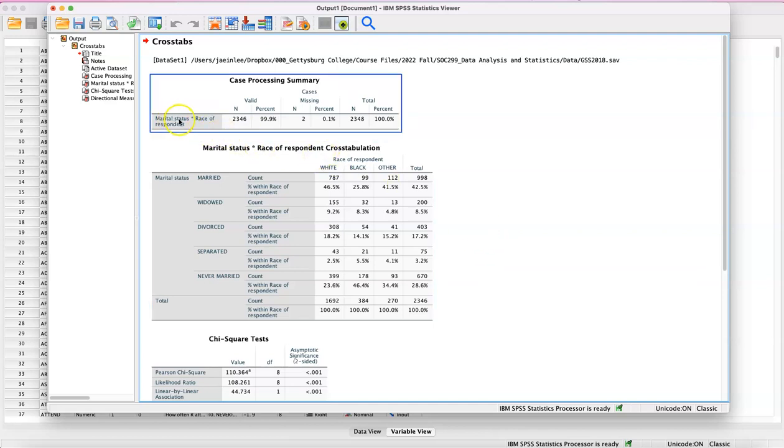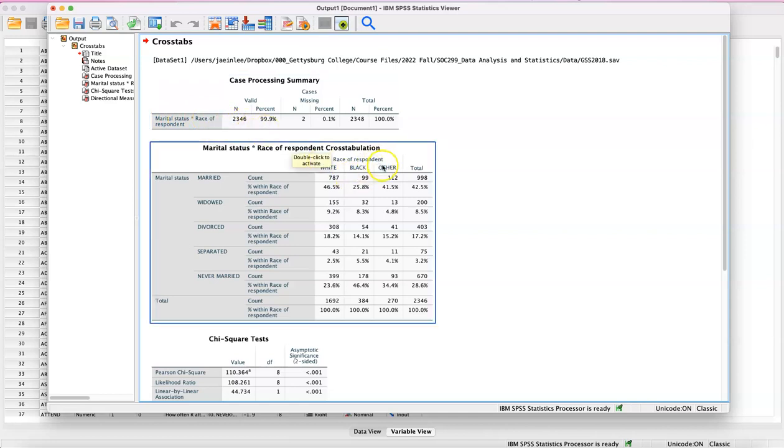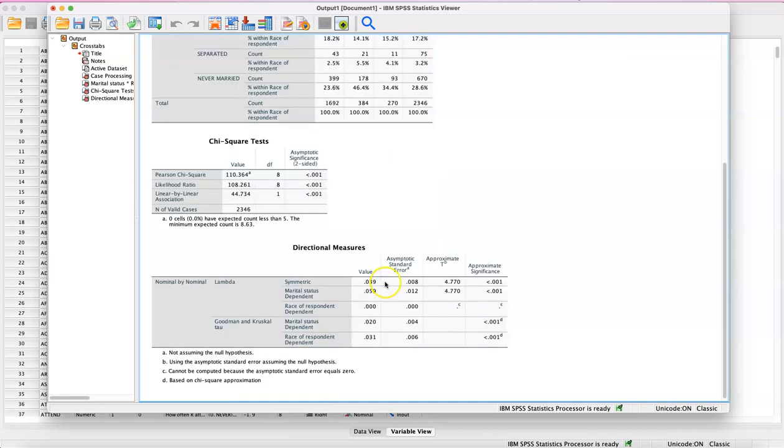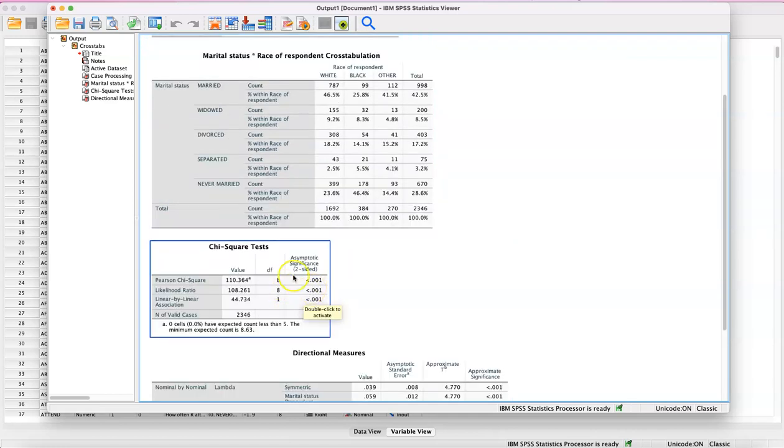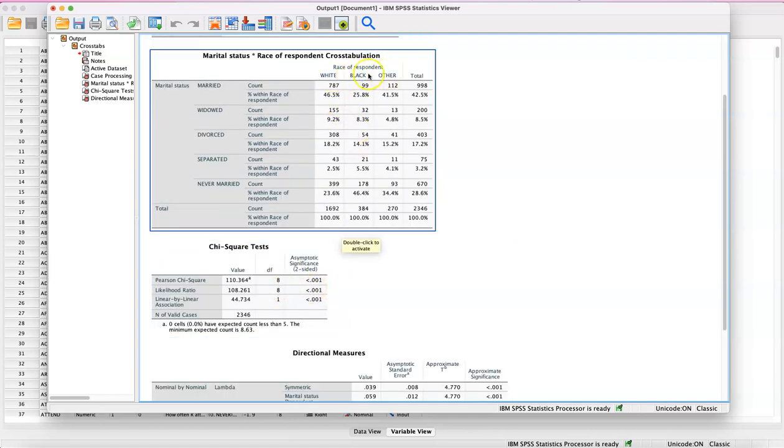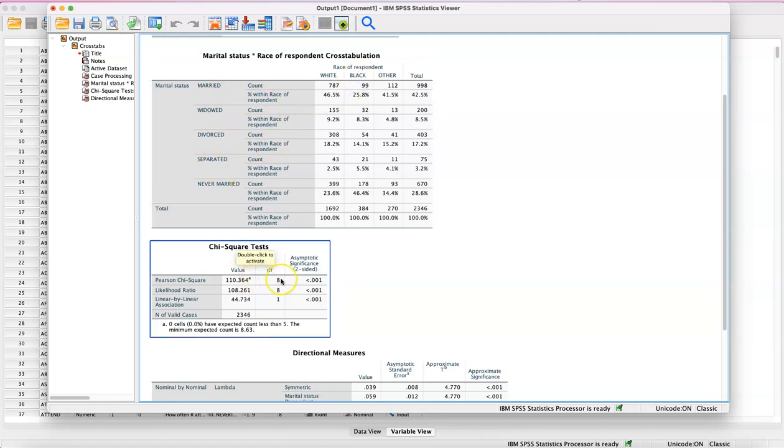Marital status and race of the respondent, 2,346 cases. Based on this, the column is the independent variable and the rows are the dependent variable. Degrees of freedom is 8 because there are 3 columns, 3 minus 1 is 2, and 5 minus 1 is 4. So 2 multiplied by 4 is 8.